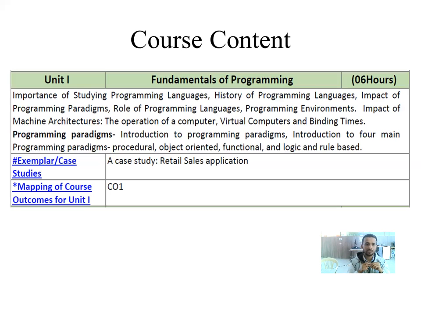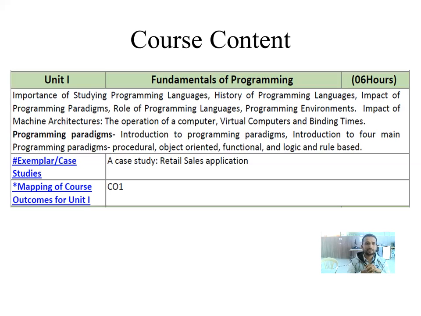The first is the procedural programming paradigm, then the object-oriented programming paradigm, the functional programming paradigm, and the logic and rule-based programming paradigm. So these are the 4 main programming paradigms that we are going to discuss under this first unit.